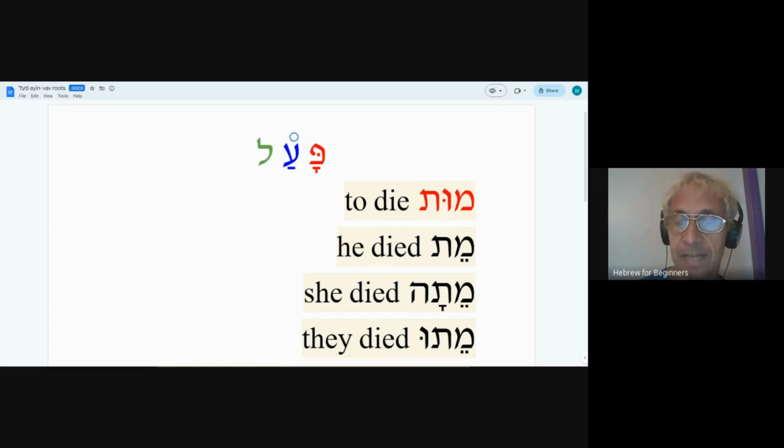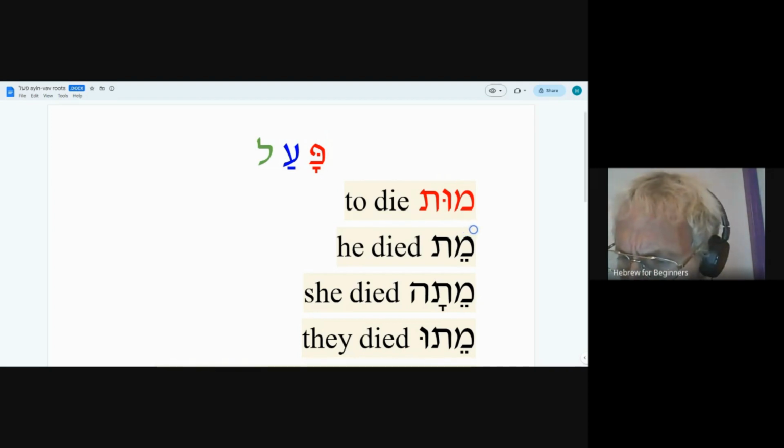Let's see how mut plays out in conjugation. We're going to focus on the past tense because the verse we're looking at in Samuel gives us a past tense conjugation of mut.